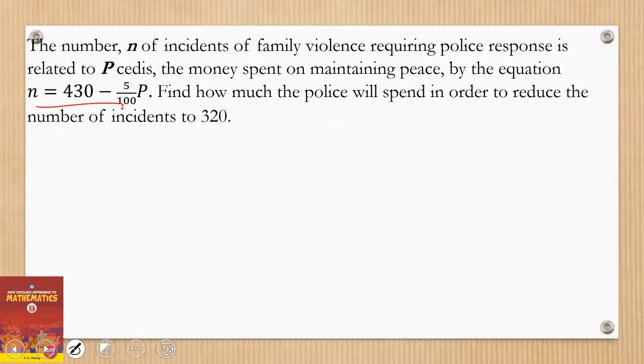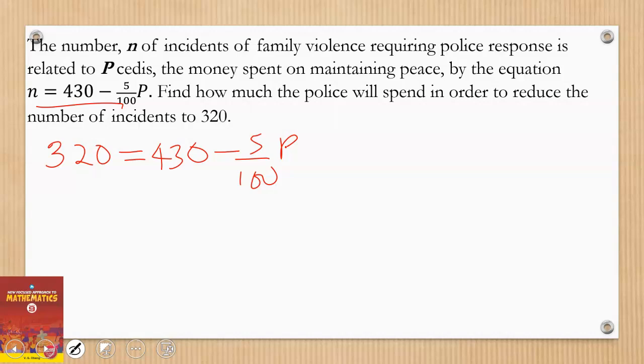So what it means is that we have our 320 here, being the number, equal to 430 minus 5 over 100 P. Okay, so that becomes the relation.